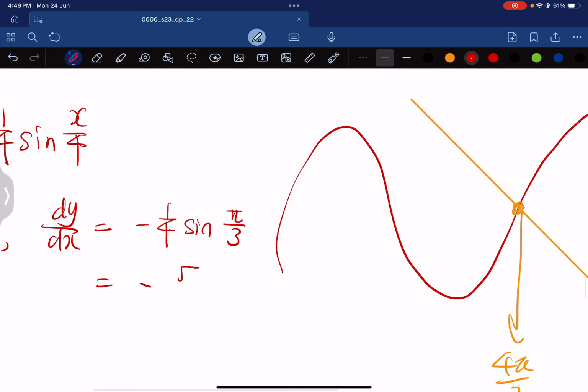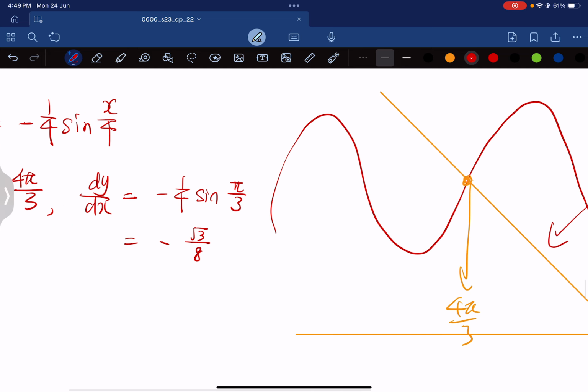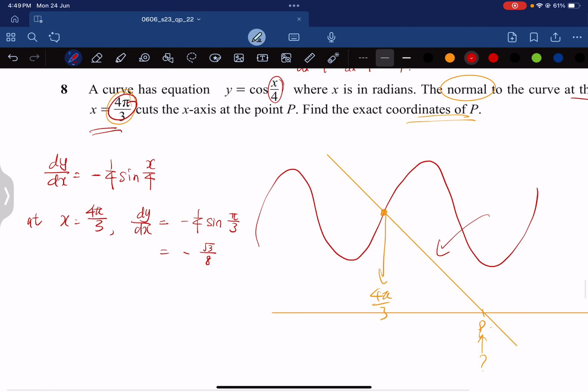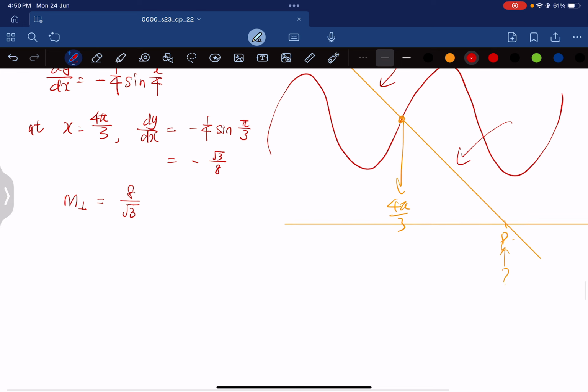So it is negative square root 3 over 8. This is the gradient of the tangent. So the gradient of the normal would be the negative reciprocal.